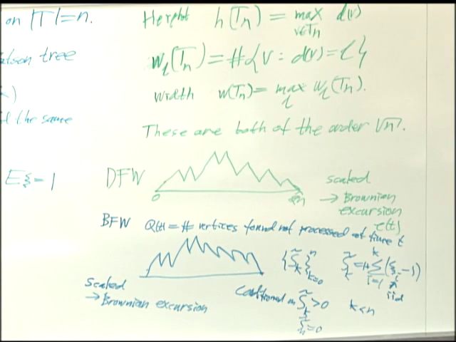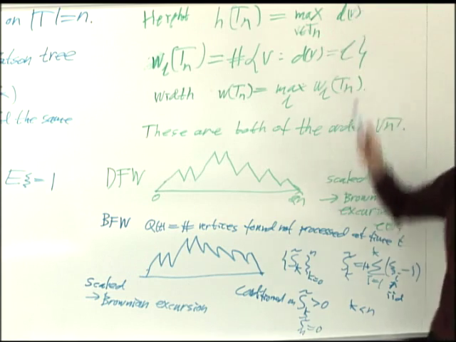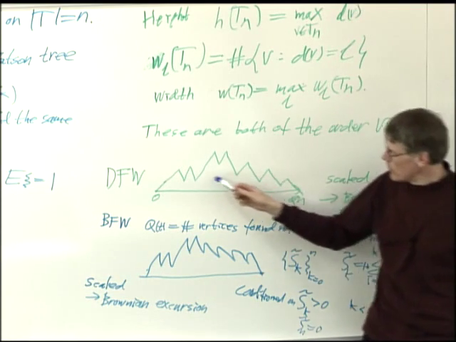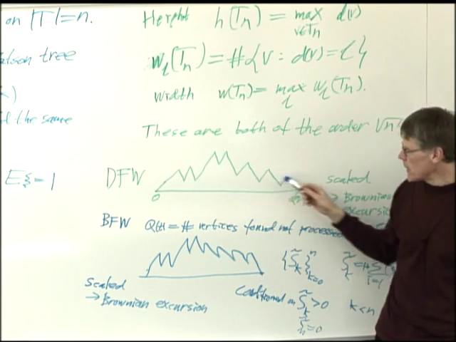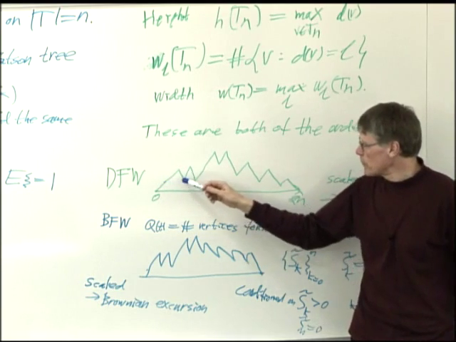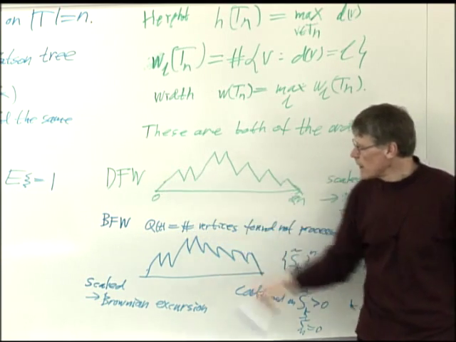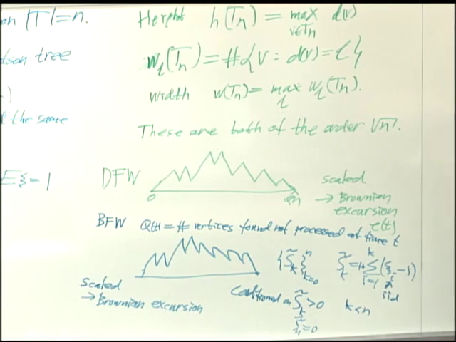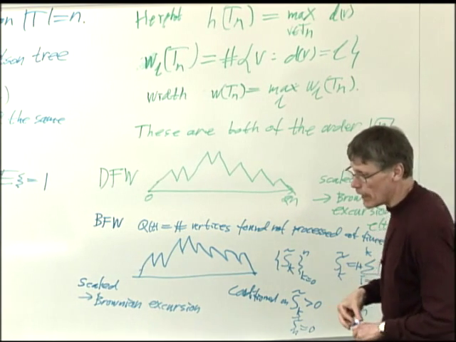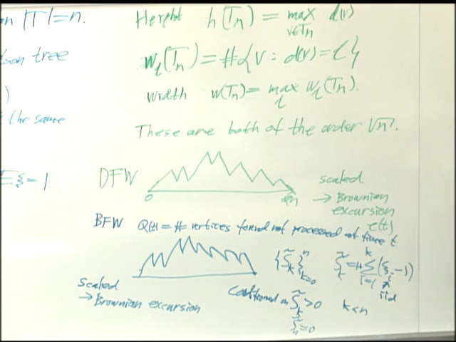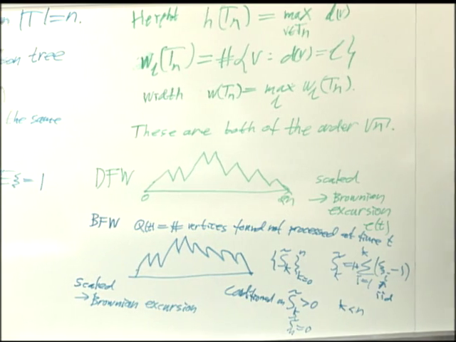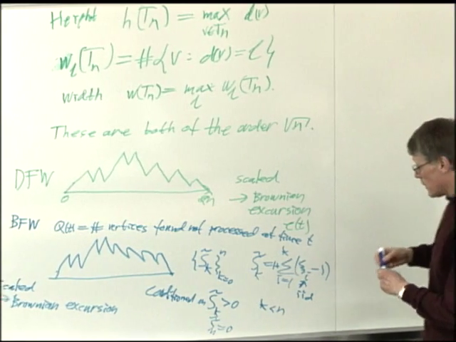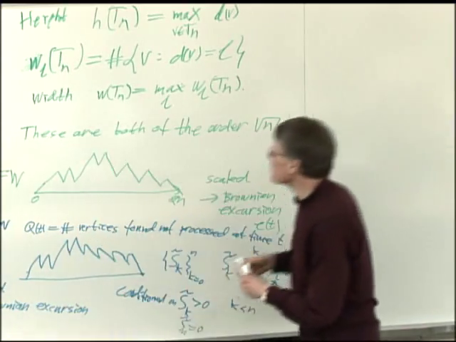Well, if we want to have the width, there we have to look at the number of nodes at different heights. That's essentially the same as the number of points at different heights here, which will converge to the local time of this Brownian excursion. And so let me continue for a while with colors.